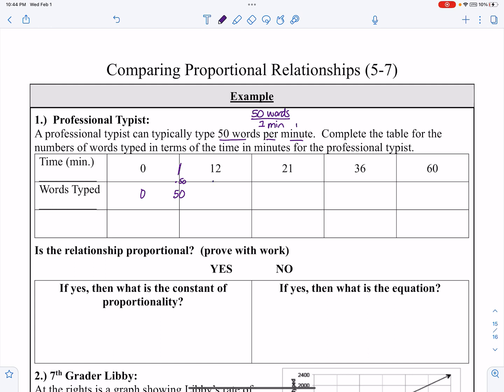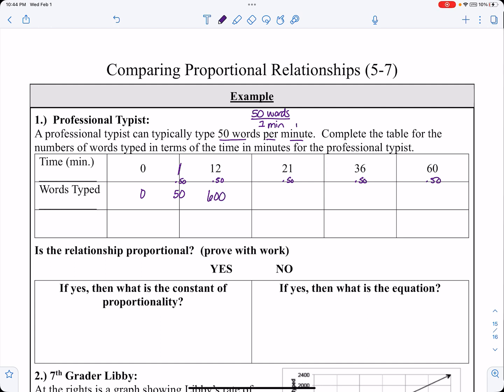We're going to be doing that with all of them: times 50, times 50, times 50, times 50. Once you identify that, that's what we're doing for all of them. So we can go through and fill all those out. 12 times 50, 12 times 5 is 60 plus the extra 0.